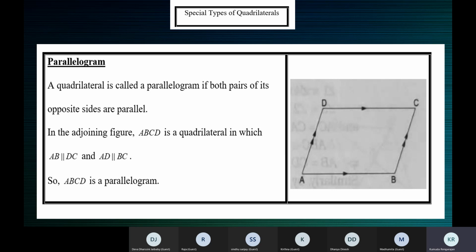Now my question is, if AB is 10 centimeters, what will be the length of BC? 10 centimeters, ma'am. No, only opposite sides are equal. All sides are not equal.